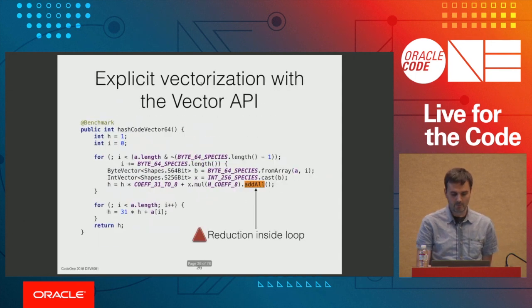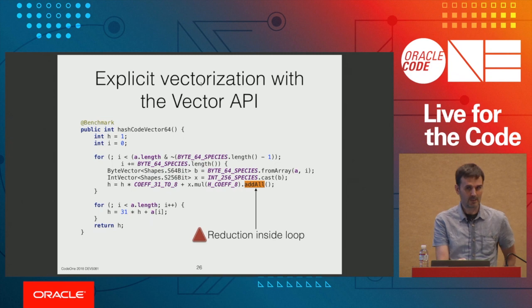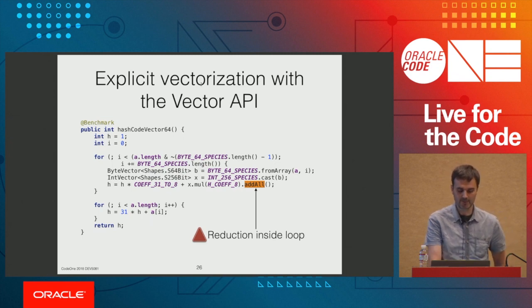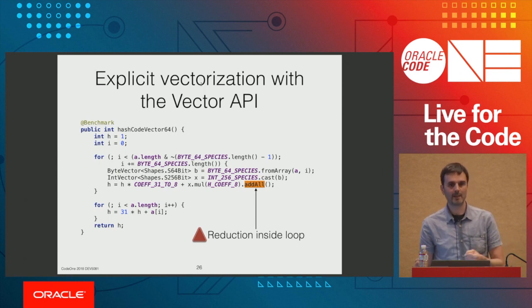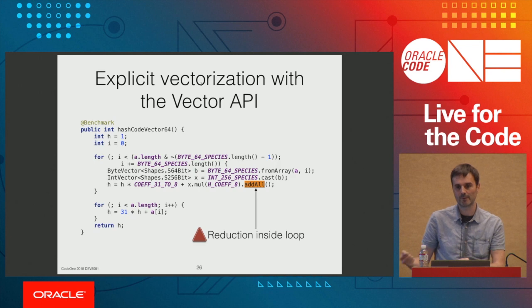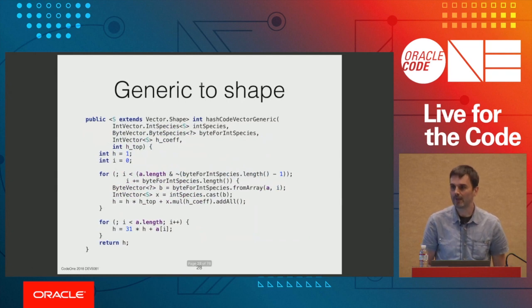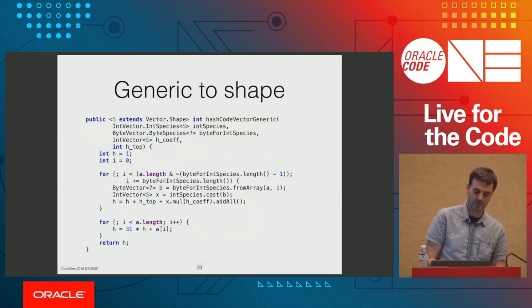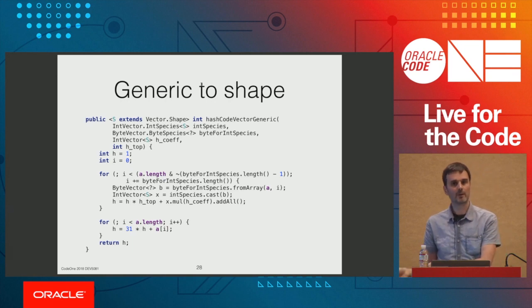Now, this example here is specific to an architecture. It's specific to an architecture that supports 256 bits. But what happens if I take my code that supports my laptop and I run it on a system that supports 512 bits, AVX-512? Then my algorithm isn't going to perform as well. So you can generify this so that it can work on my laptop, but it can also run on a server-side system running 512 bits instead.